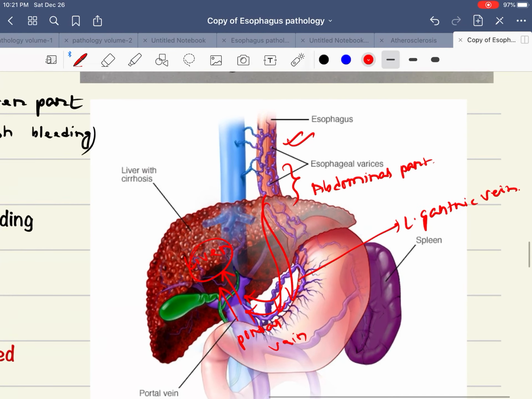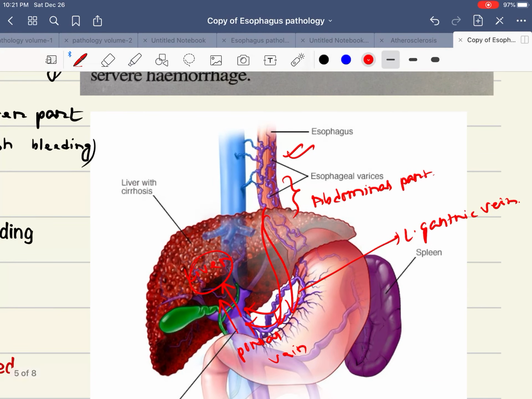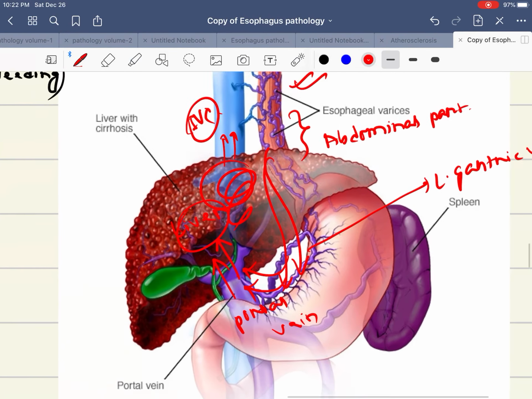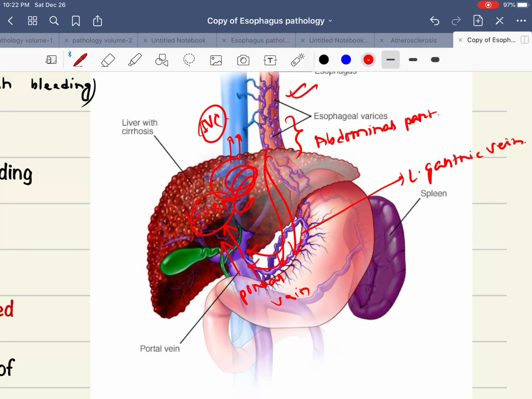Then it will come out from the liver as the inferior vena cava. So if somebody has liver cirrhosis or chronic liver disease, that means there is an obstruction within the liver. That's why the venous blood coming from the left gastric vein cannot move forward into the portal vein.